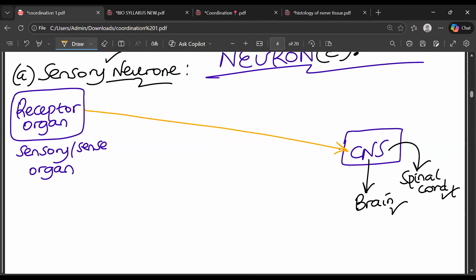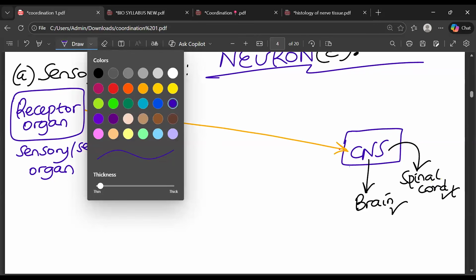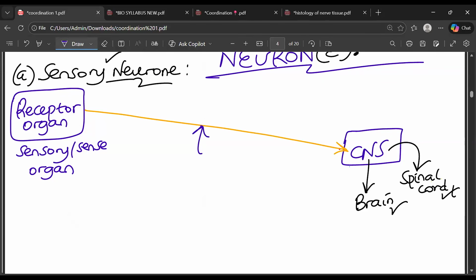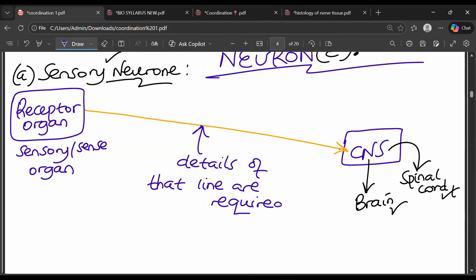So we just want the details of this line. Details of that line are required. That's the requirement, it's all that we require here.